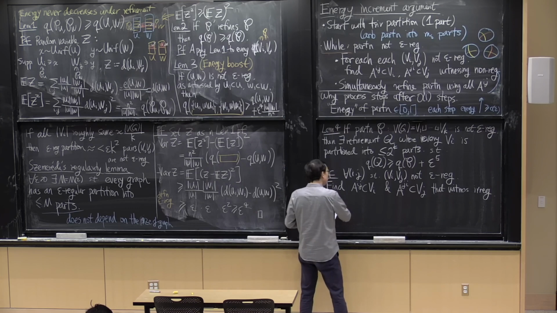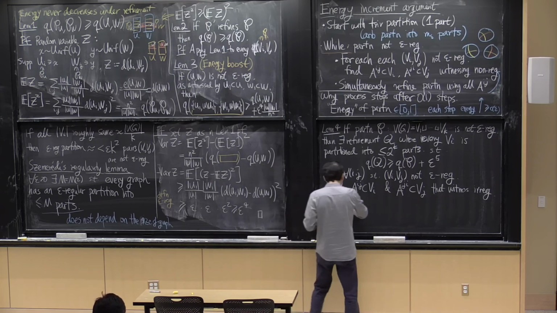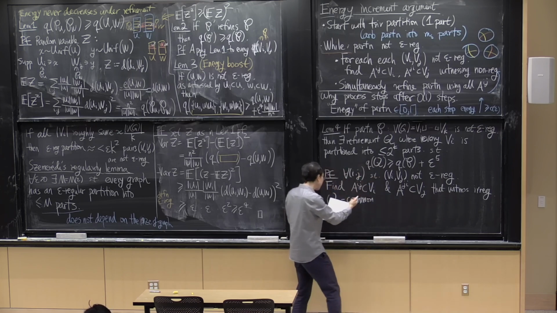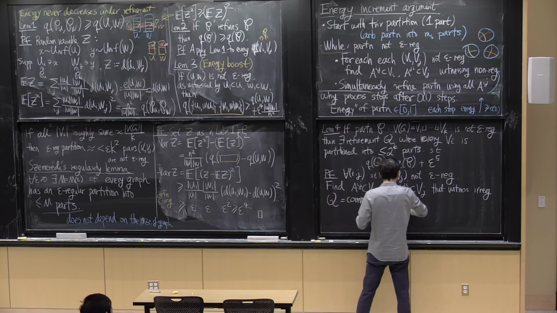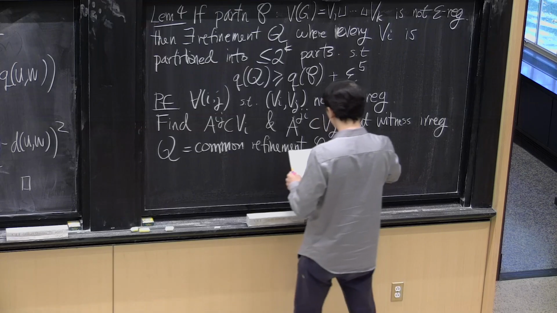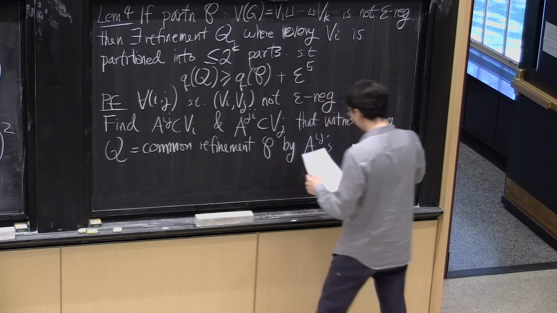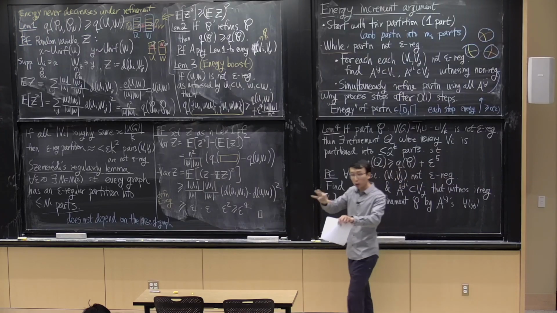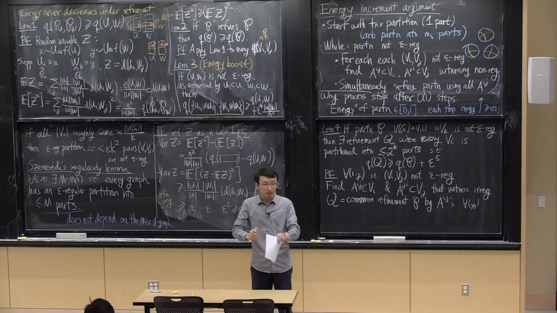Now, what we're going to define Q as is the common refinement. So, just as indicated in that picture up there, simultaneously take all of these A's and use them to refine P. So starting with the partition you have, simultaneously cut everything up using all of these witnessing sets.